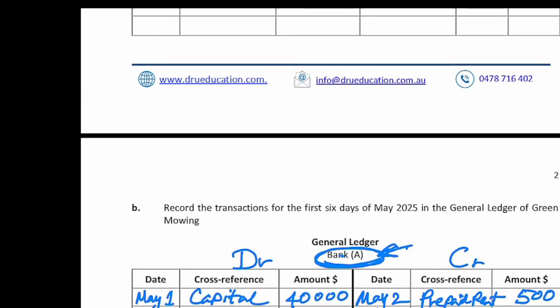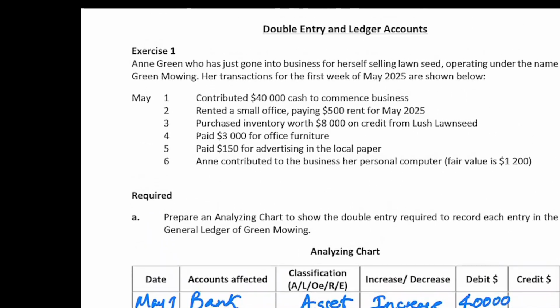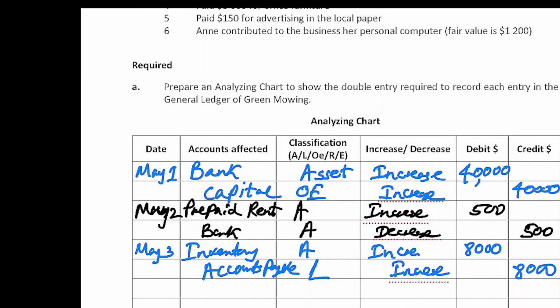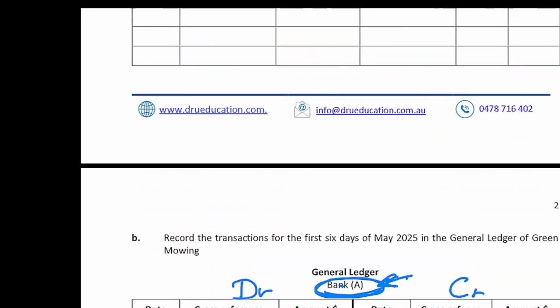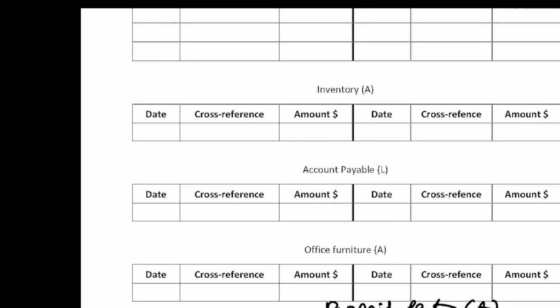Let's go to the third one. Purchase inventory worth 8,000 on credit. That one we have already written in the earlier chart. What happens to inventory? Up. Debit or credit?